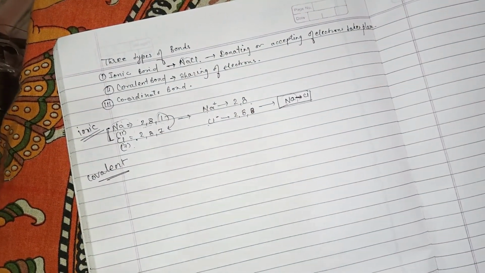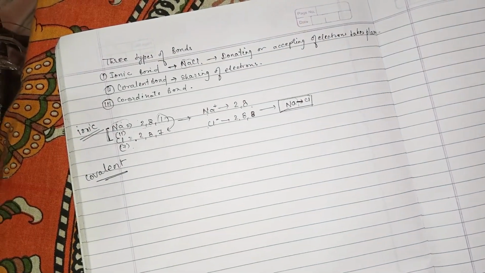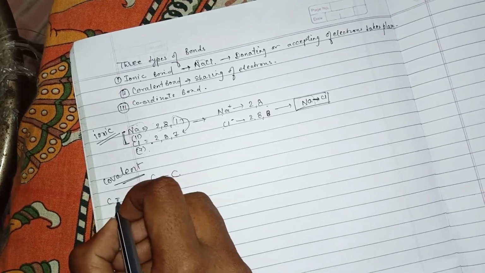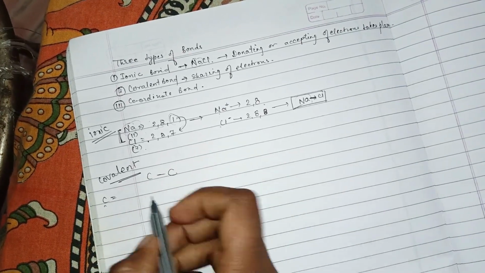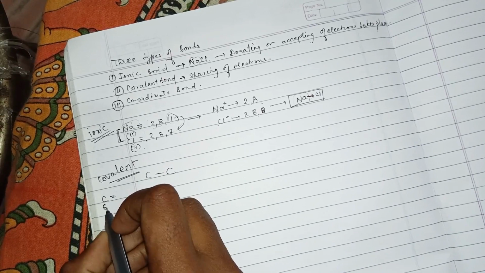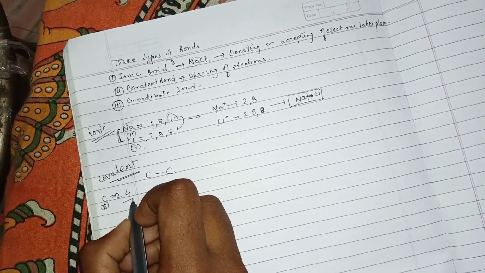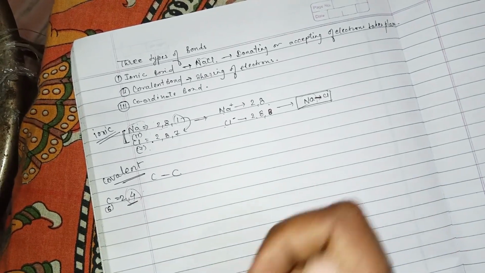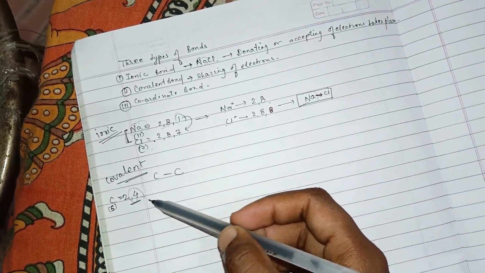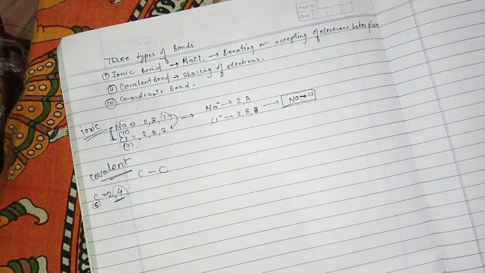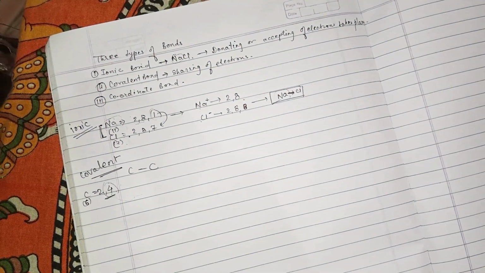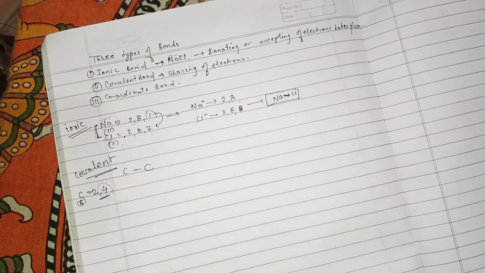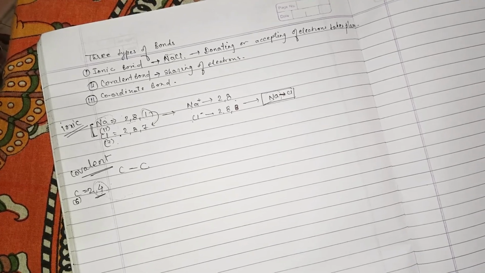So covalent bond, example like carbon carbon bond. Carbon has 4 electrons in its outer shell. Its atomic number is 6, that is 2 and 4. It needs 4 electrons to complete its octet, or it has to donate its 4 electrons, and both taking and giving up of 4 electrons is a very energy intensive process, that is, energy is required in large amount for this.